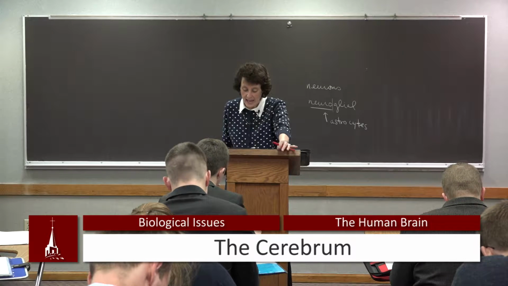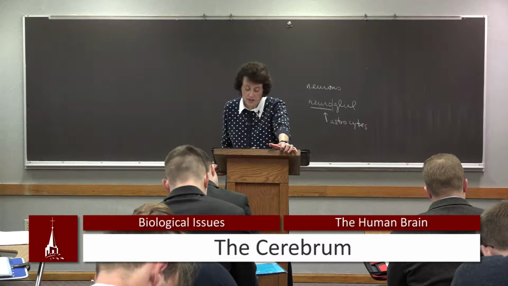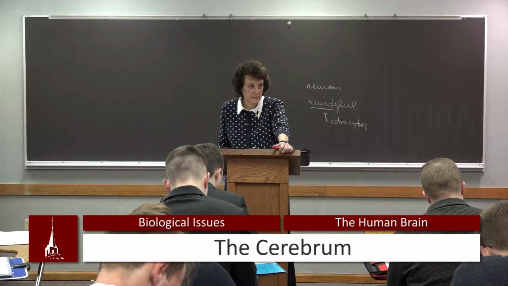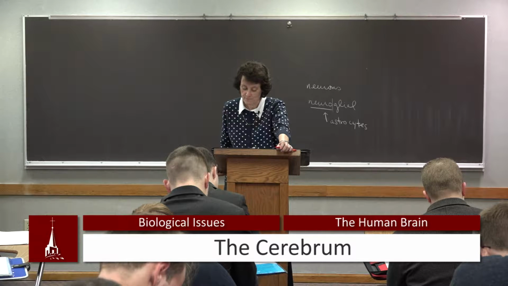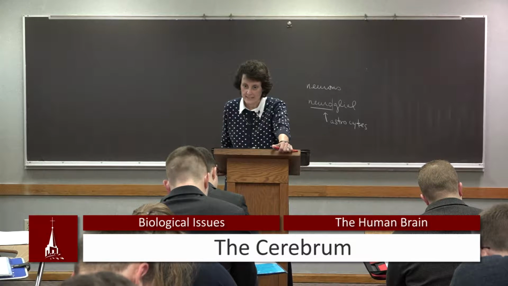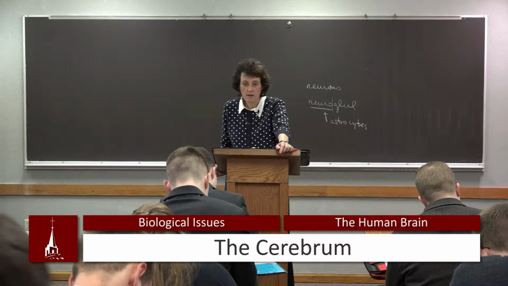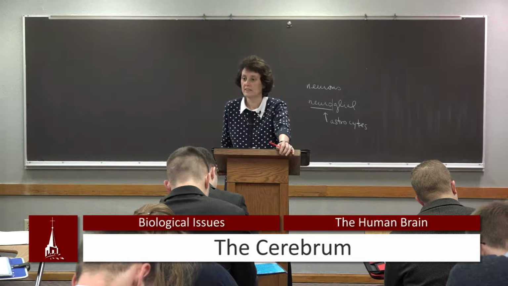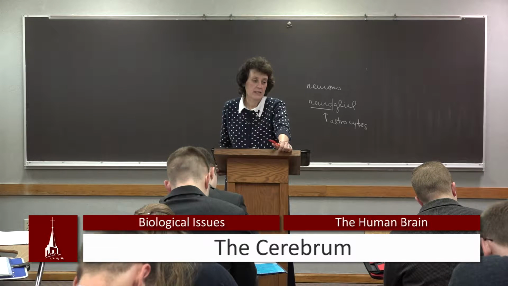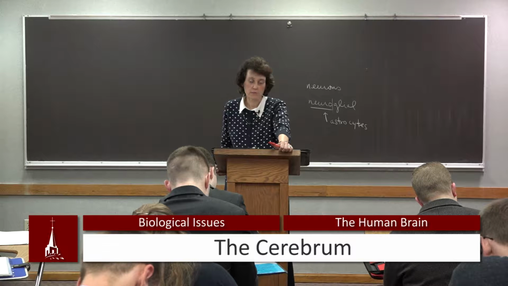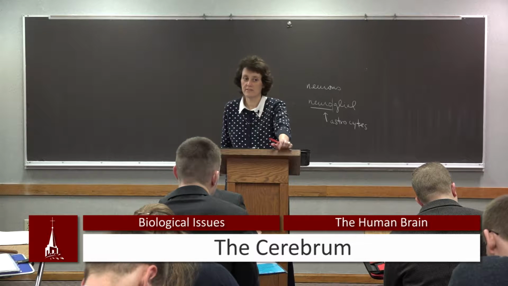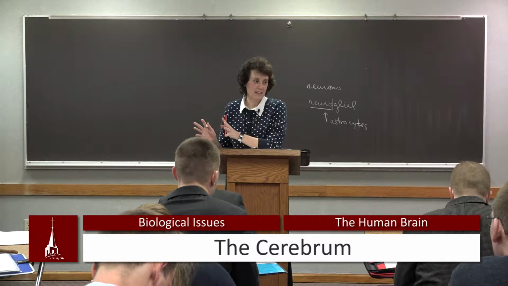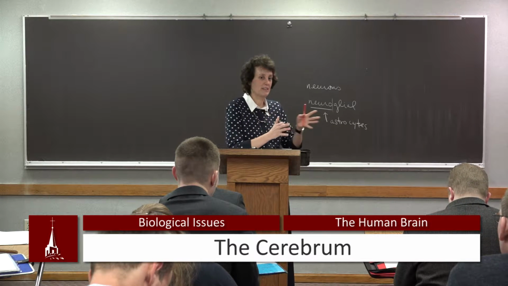The left and right hemispheres of the cerebrum tend to control different aspects of the brain's functions. By studying brain damage and brain stimulation, scientists have divided things into what main things are done by the right hemisphere, what main things are typically done by the left.